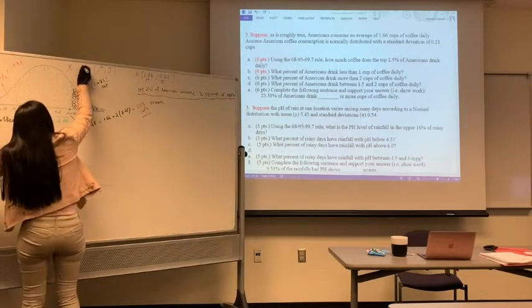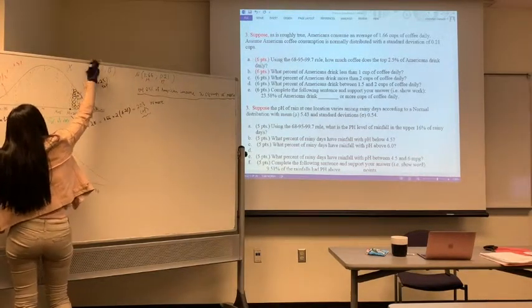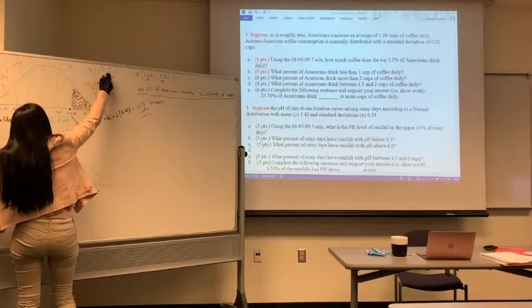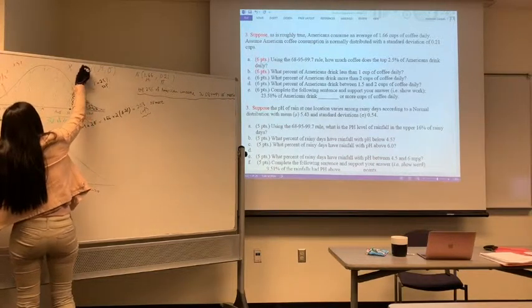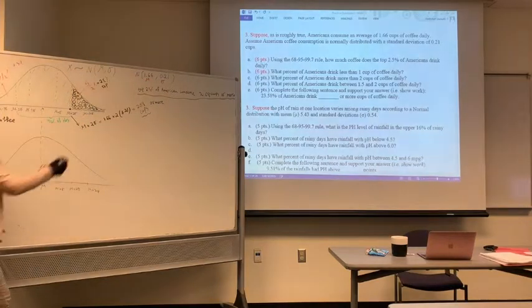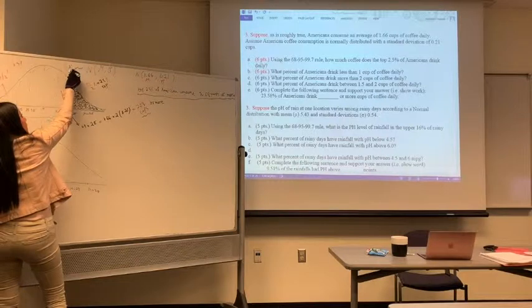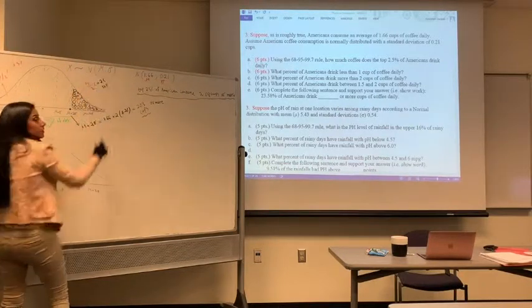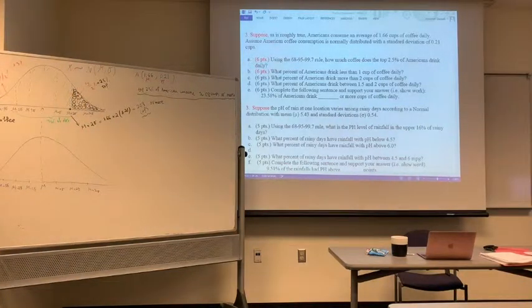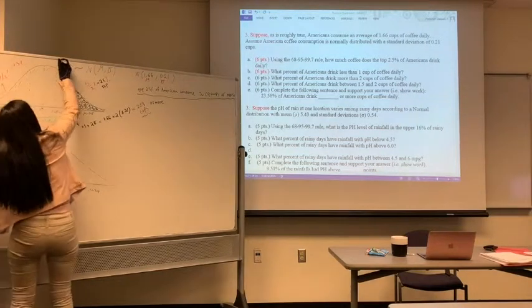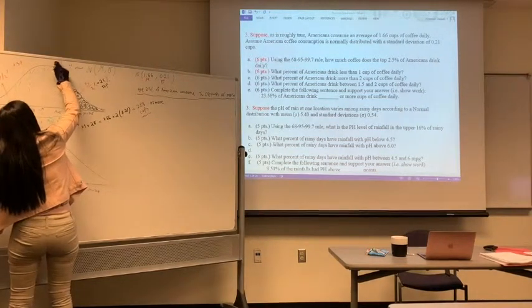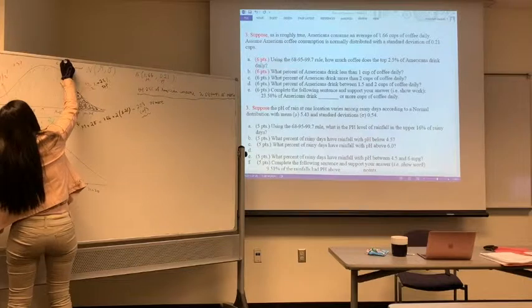So this distribution with this mean and this sigma belongs to each cup of coffee. This is tilde. Tilde means x has this distribution. So x, in this example, was cups of coffee.